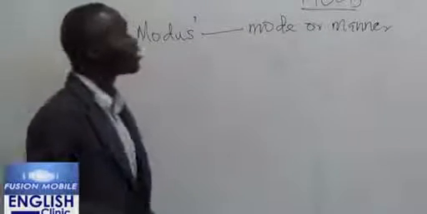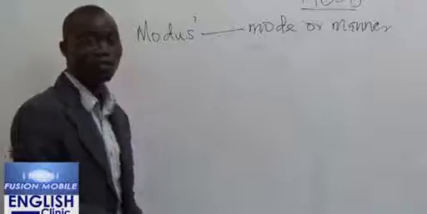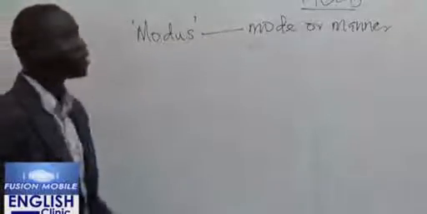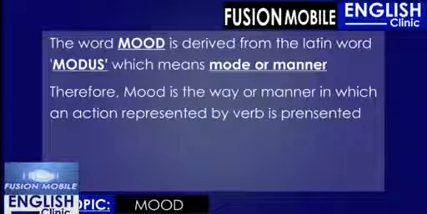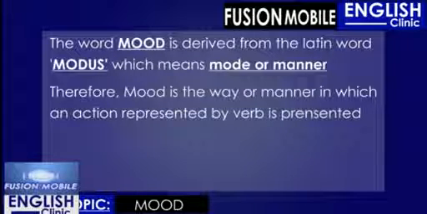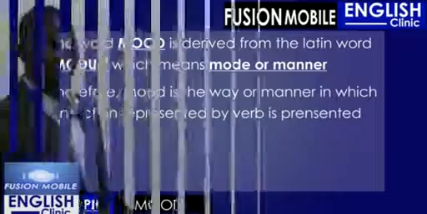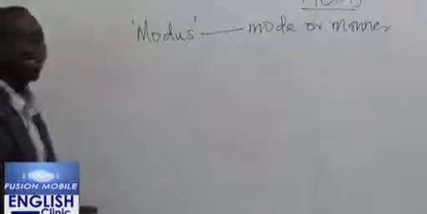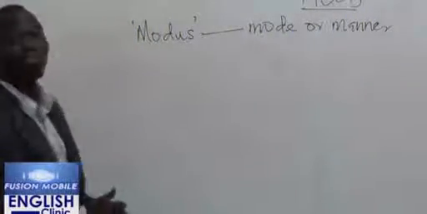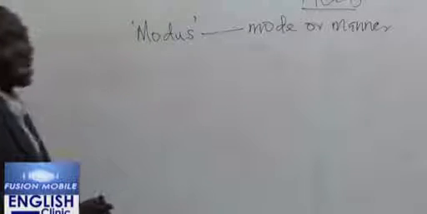So what is mood all about? Mood refers to the way or manner in which an action represented by a verb is presented. In the English language, we have three moods.